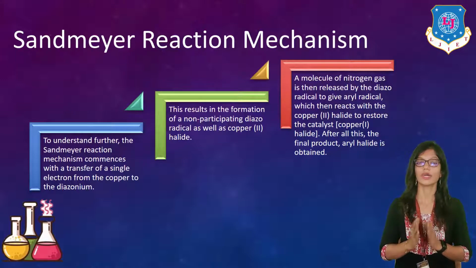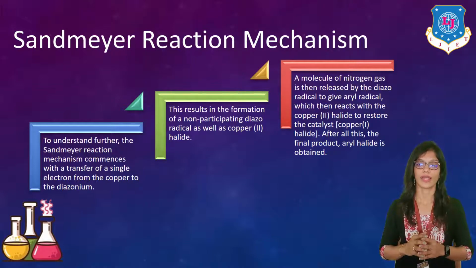That means here the oxidation state will be 2. A molecule of nitrogen gas is then released by the diazo radical to give an aryl radical, which then reacts with the copper halide to restore the catalyst, which is copper(I) halide again. After all of this, the final product aryl halide is obtained.